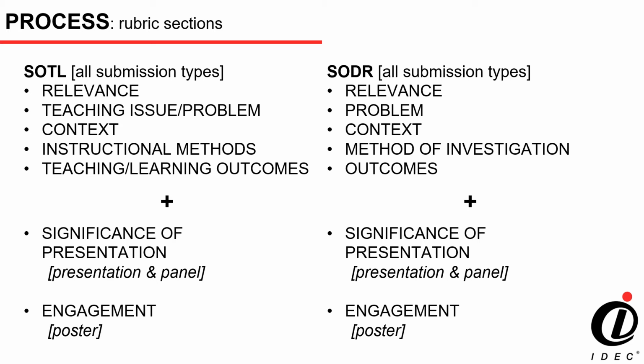You will notice that sections for each submission type, like SODR presentation and SODR poster, are similar, but an SODR presentation is evaluated for significance of presentation, whereas an SODR poster is instead evaluated for engagement. We will discuss each section in more detail, but it is also important to note that while specific, these categories and presentation types are meant to foster a variety of methods and outcomes.